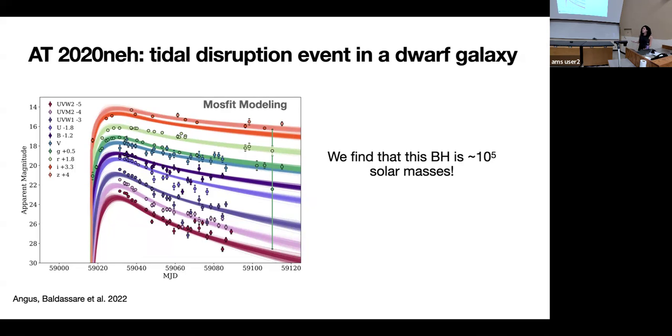And the rise time in the light curve is what is constraining for the black hole mass. So a fast rise time is what you expect for a lower mass black hole. These are just all different photometric bands, and you can see the flare from this object.